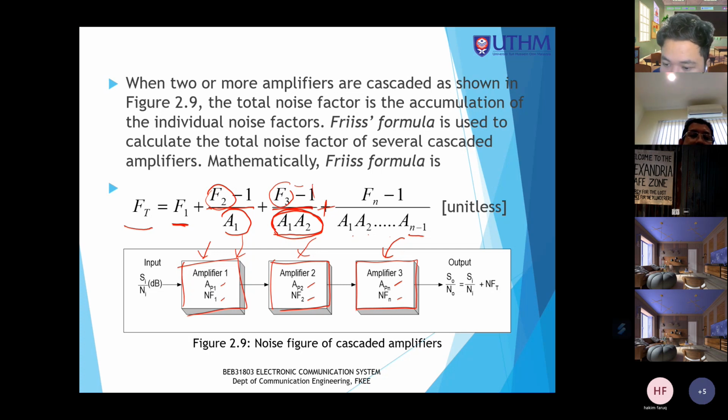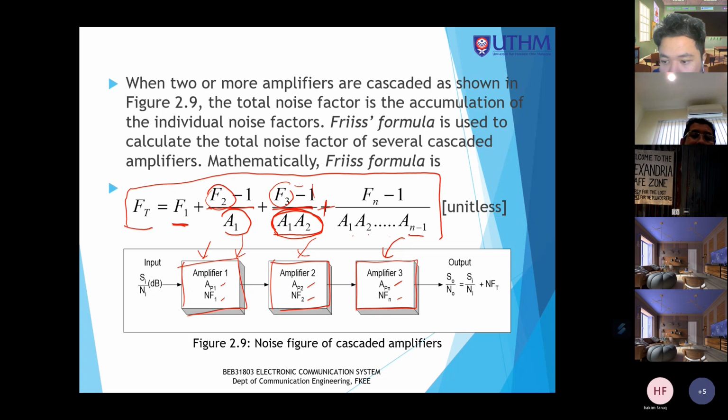Okay, remember that all of these parameters inside the equation are using the absolute value. Don't put decibel value inside the equation. Jangan letak decibel value dalam equation ini. Okay, kalau ada decibel value, maka jawapan kamu adalah salah.